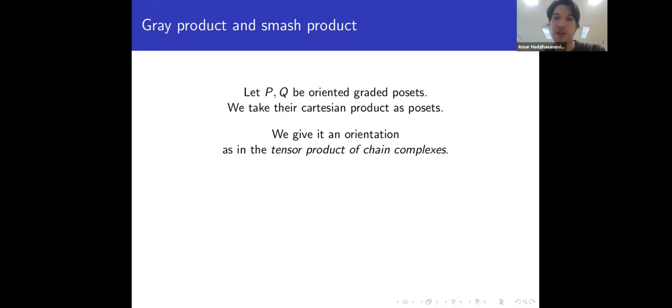There's basically only one good way of giving an orientation on the Cartesian product, and it is by, if one covering relation comes from P, then we take the same orientation as in P. If the covering relation comes from Q, we take the orientation from Q, but we flip it depending on the dimension of the element of P that this is tensored with.